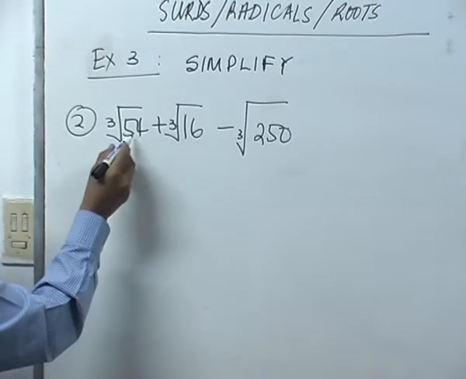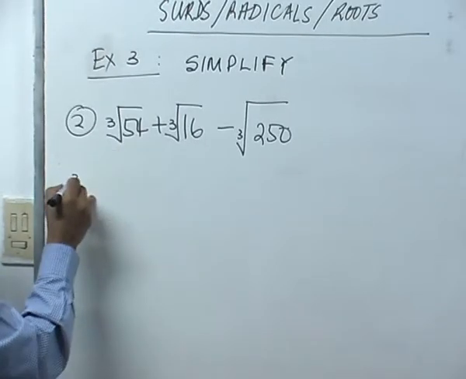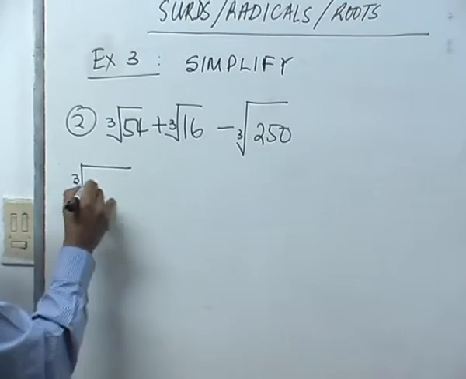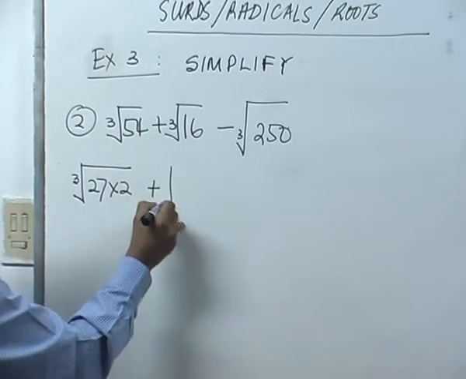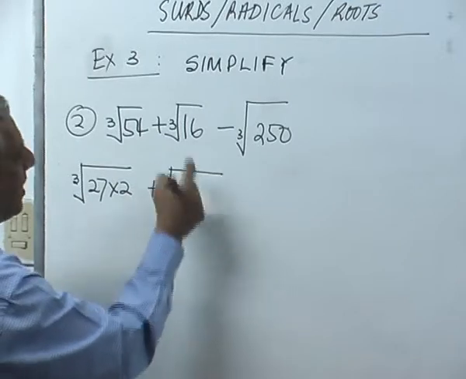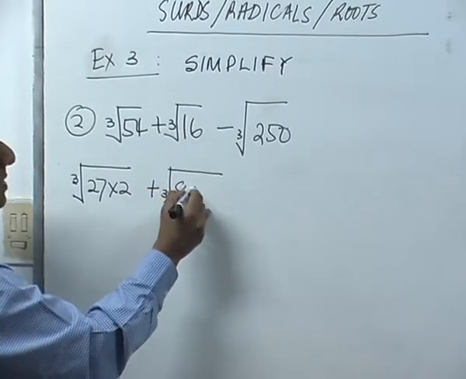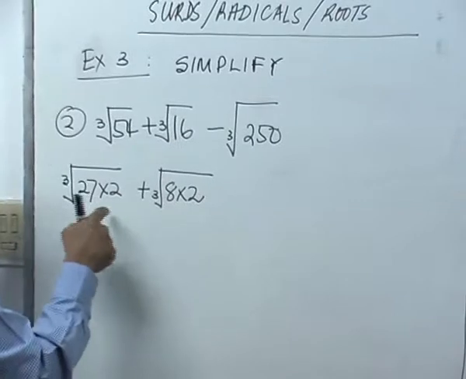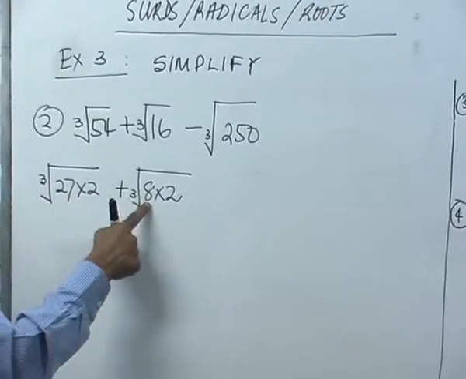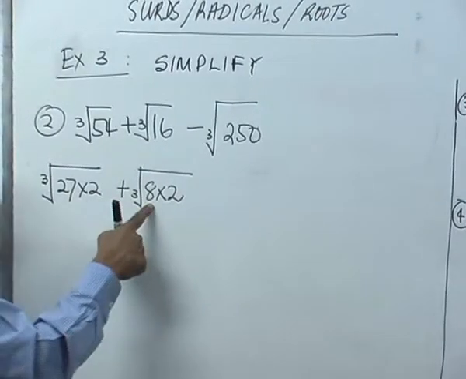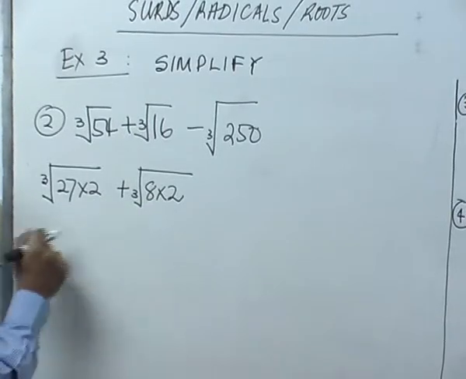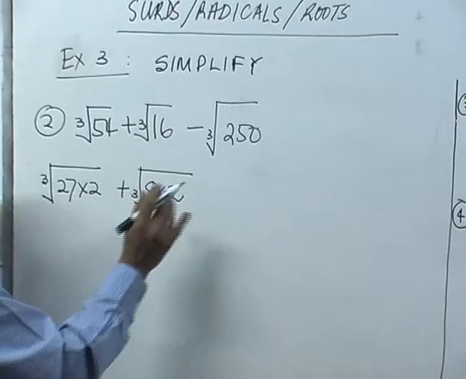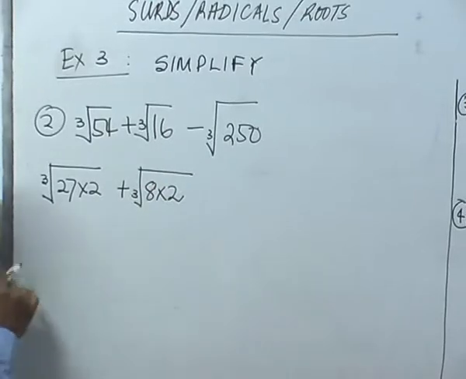So you look at 54 and you break it up. Well, that's cube root of 27 times 2 plus cube root of 16. You break it up into 8 times 2. Now you've got to know your perfect cubes. If you don't know that, write it down or just work it out on your calculator later, write it down on a page next to you.